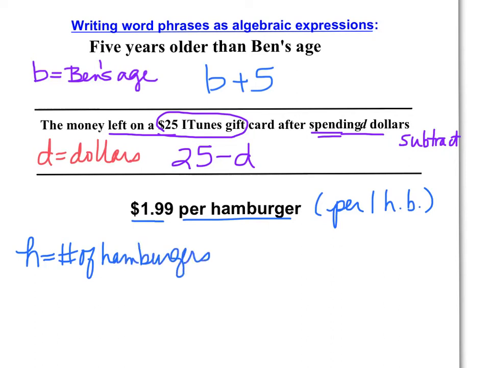So it's going to be $1.99 per hamburger. $1.99 per the number of hamburgers. That's why I multiply by H. Or I would write this as 1.99H. It's $1.99 per hamburger. So if you buy 10 hamburgers, I would take this number of hamburgers and take $1.99 and multiply it by 10.